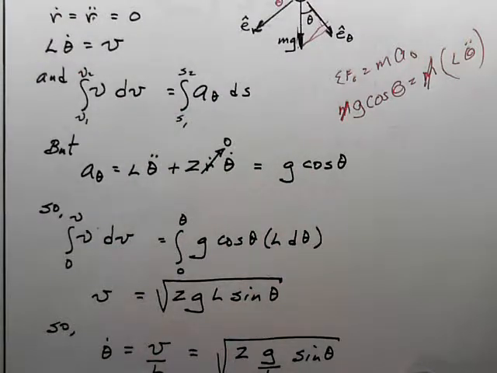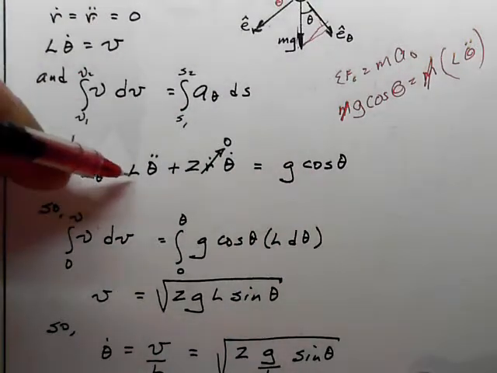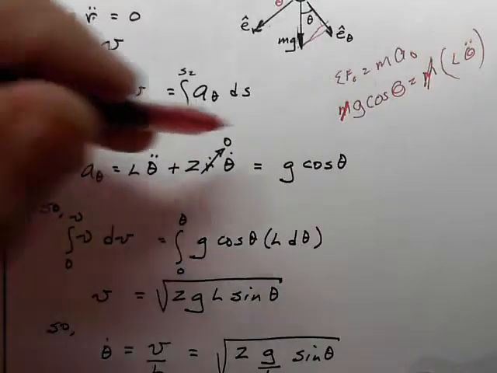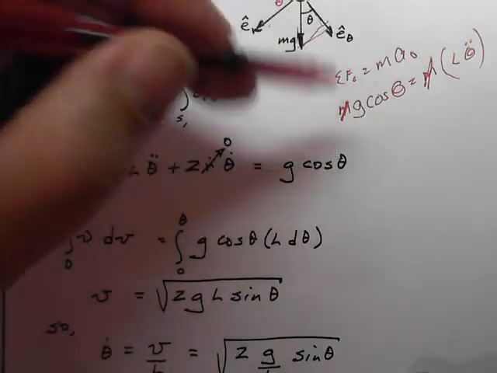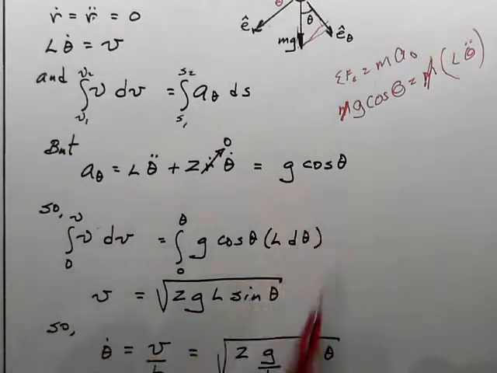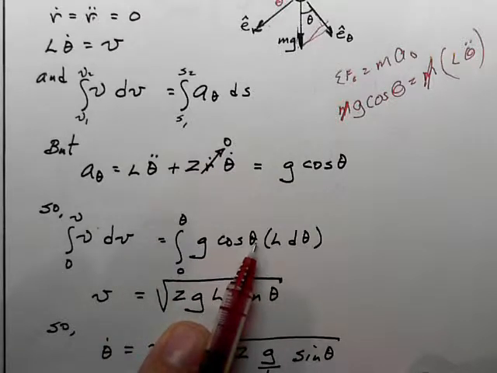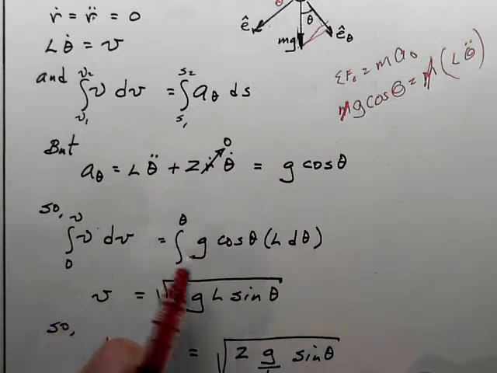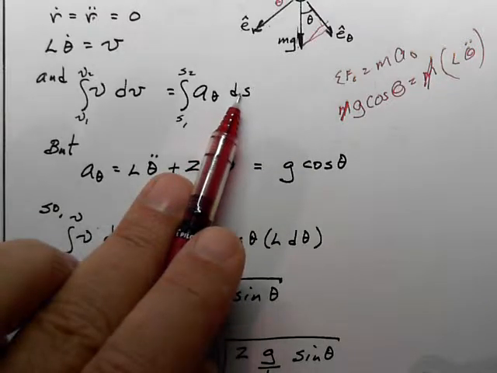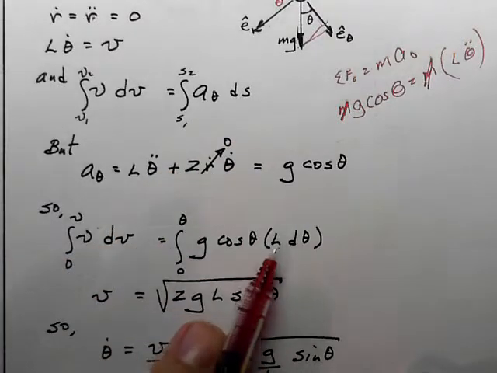and what we have is a theta, which happens to be L theta double dot, is also g cosine of theta. We're going to make that substitution here and say that the acceleration in the theta direction is g cosine of theta, and ds, since we're changing variable, needs to be written in terms of d theta, and ds is L d theta.